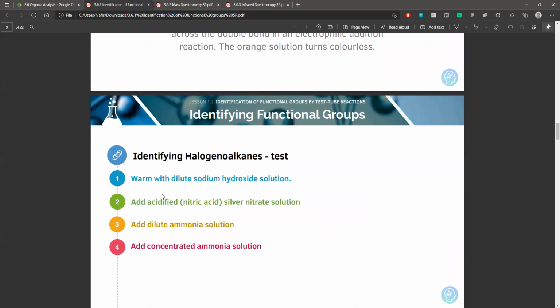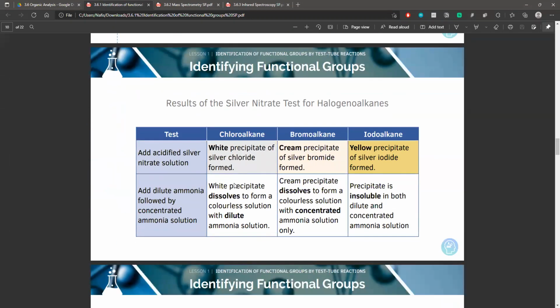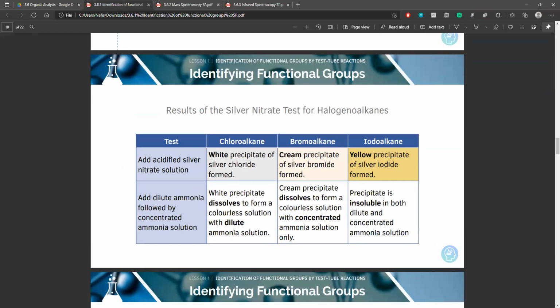Identifying halogenoalkanes. So these are your bromo, iodo, and fluoro compounds. You do that by adding acidified silver nitrate with dilute ammonia and concentrated ammonia, and you're expecting a precipitate to form. This is exactly how you would identify any halogen compound in any other kind of chemistry lab setting.